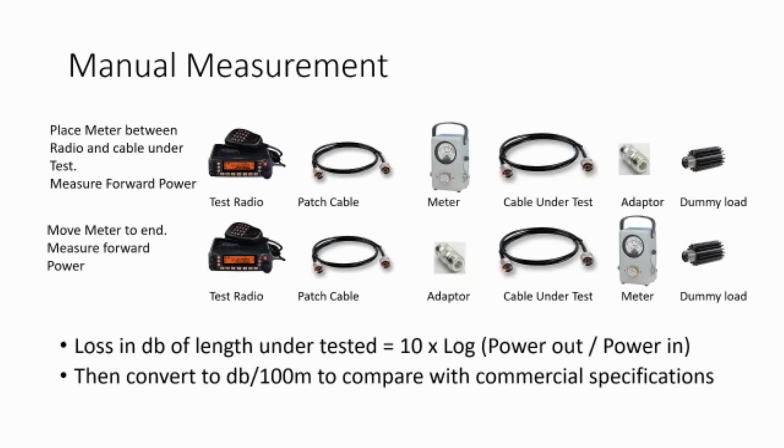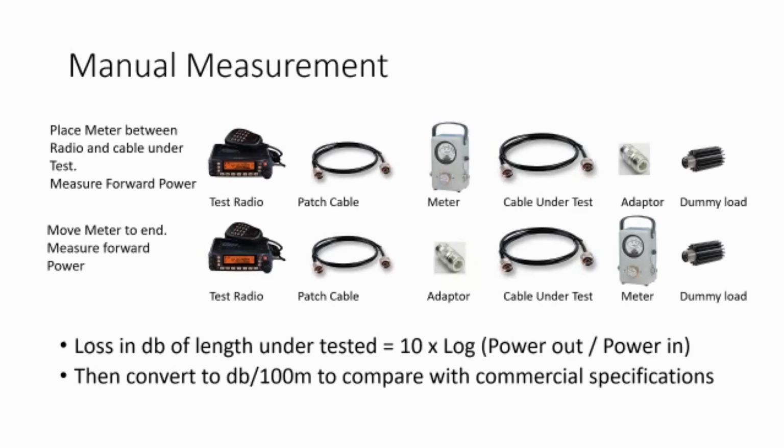So the loss in dB of the length of cable under test is 10 multiplied by the log of the power output divided by the power input. And what you will get is a negative value, which will be the loss in dB of that cable. You then just need to convert that to dB per 100 meters or dB per 100 feet to be able to compare it against commercial specifications.